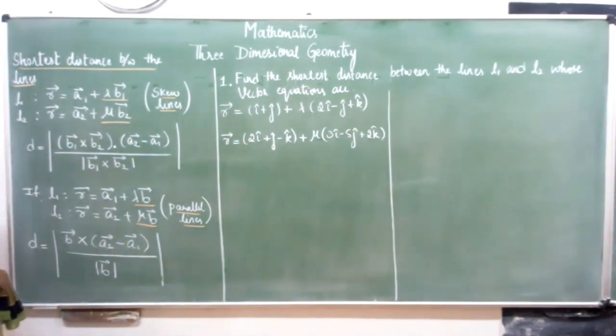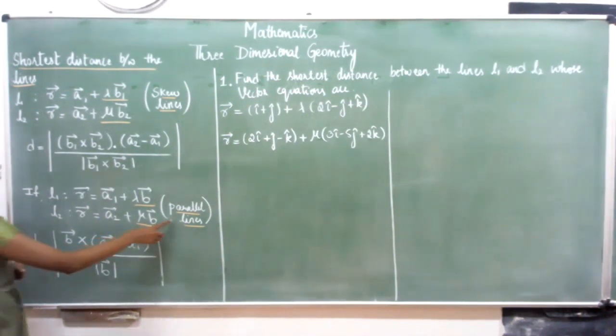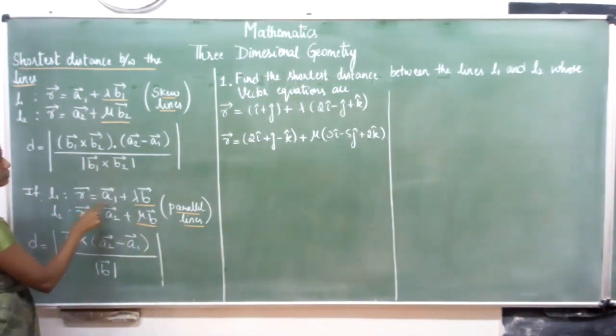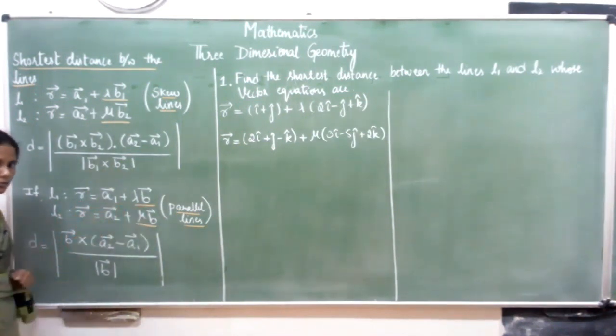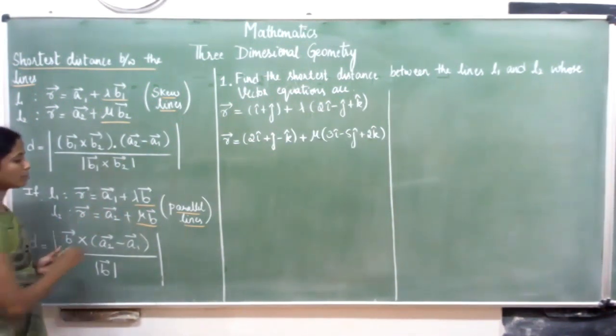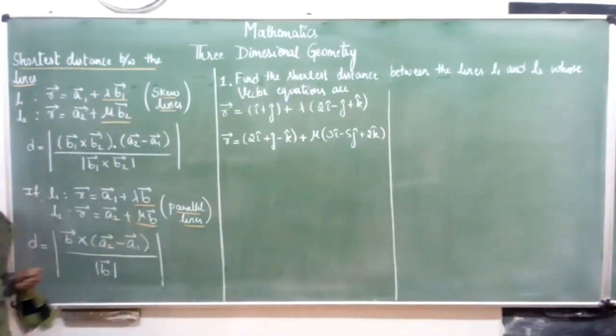Then we also derived the formula for the shortest distance between parallel lines. For parallel lines, the equations of L1 and L2 will be vector r equals vector a1 plus lambda times vector b, and vector r equals vector a2 plus mu times b. How do we identify whether the given lines are parallel or skew?